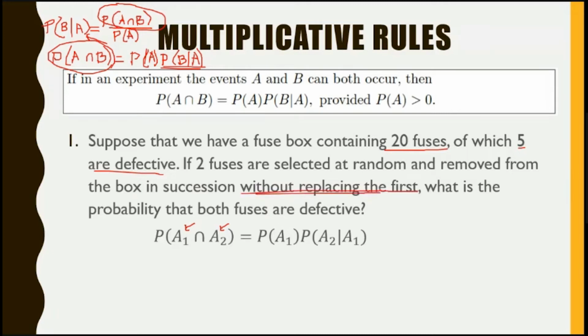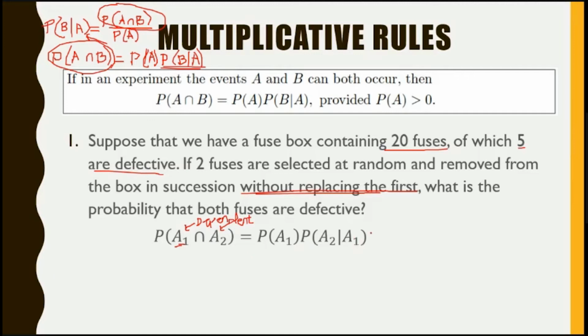So these are dependent events, because the probability of A sub 2 is affected by A sub 1. Then checking our definition, this will be the probability of A sub 1 multiplied by the probability of A sub 2 given that A sub 1 occurs.